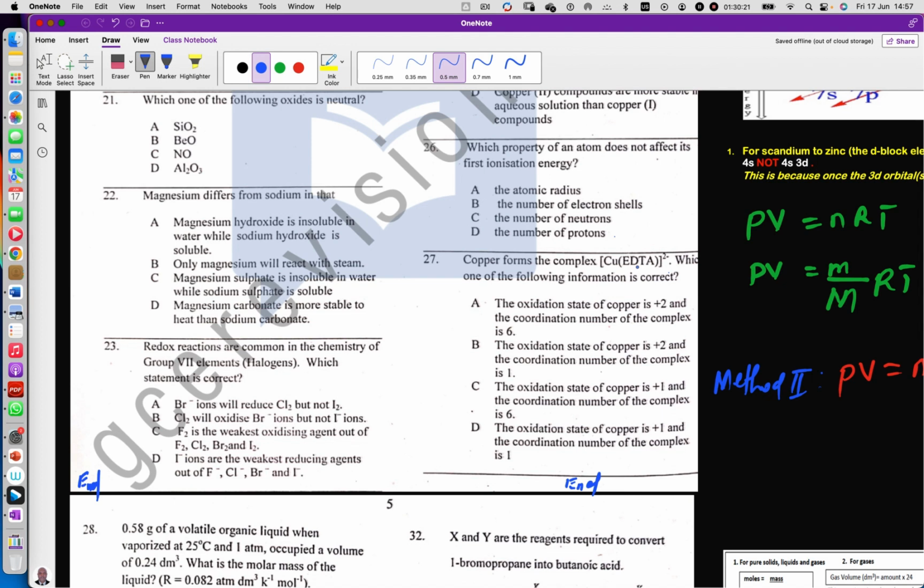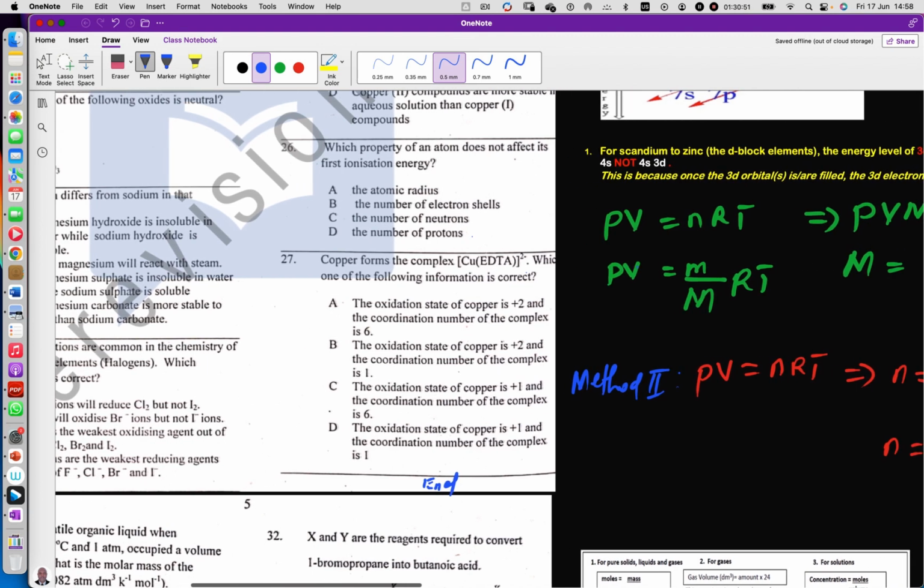Ethylene diamine tetraacetic acid, it has four ions. Let me write it here.